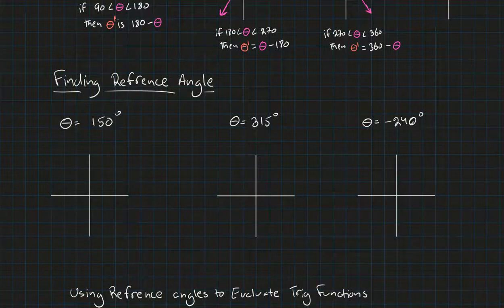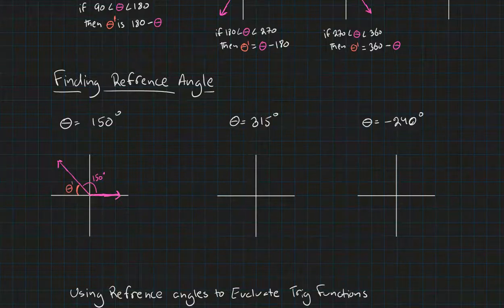So here we go, 150 degrees. Here's the initial side. 150 is clearly bigger than 90 and less than 180, so it's going to be somewhere in the second quadrant. This is 150 degrees, and its reference angle is this one, theta prime, which is what we're trying to find.